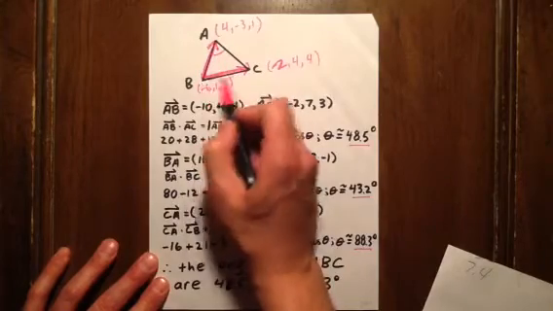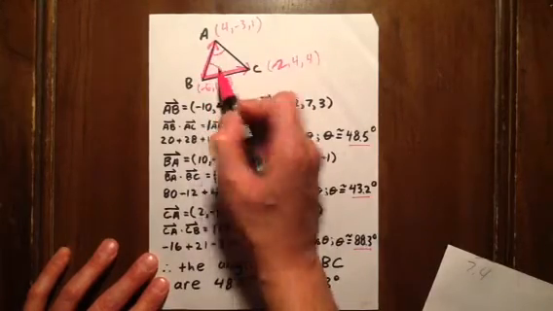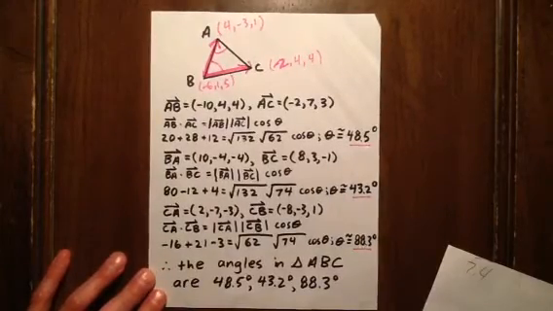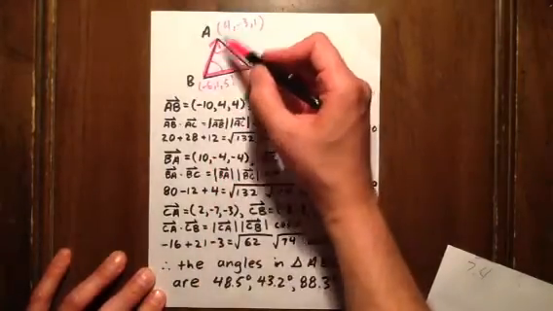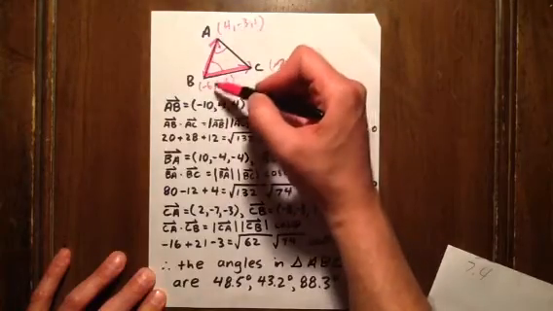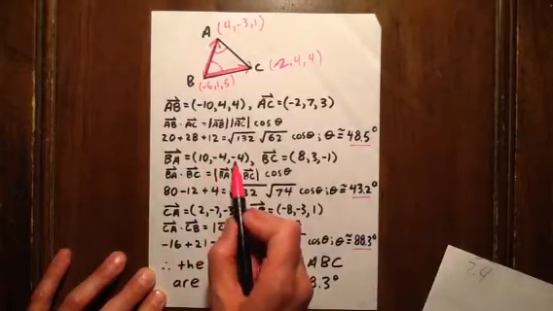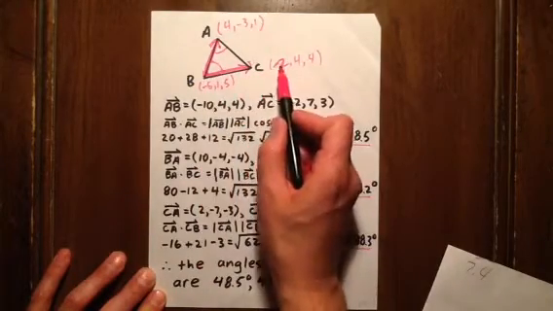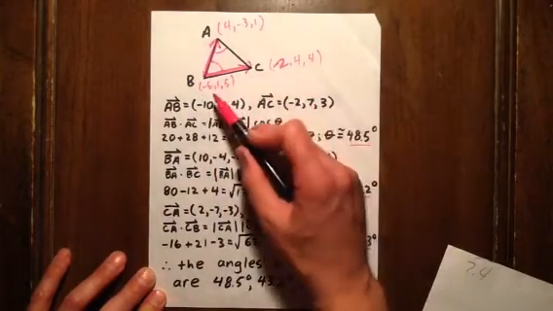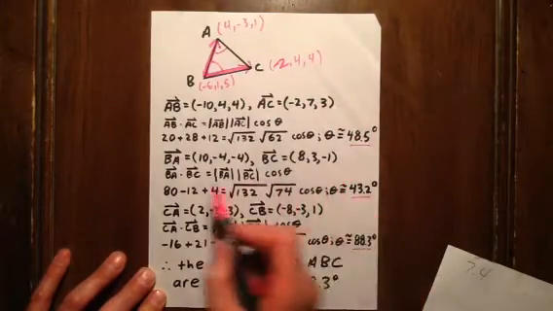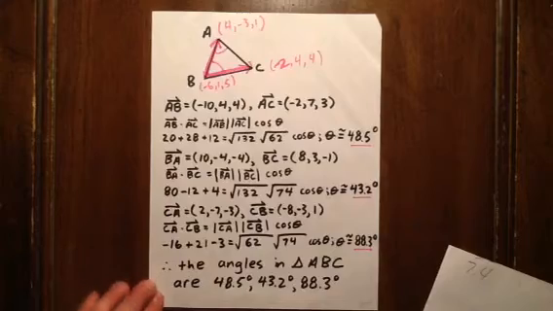And if we get the angle between these two vectors tail to tail, what we've done is found that angle, which is the angle of the triangle. So BA, 4 minus -6 is 10, -3 minus 1 is -4, 1 minus 5 is -4. BC, 2 minus -6 is 8, 4 minus 1 is 3, 4 minus 5 is -1. We just have to get the angle between those two vectors.